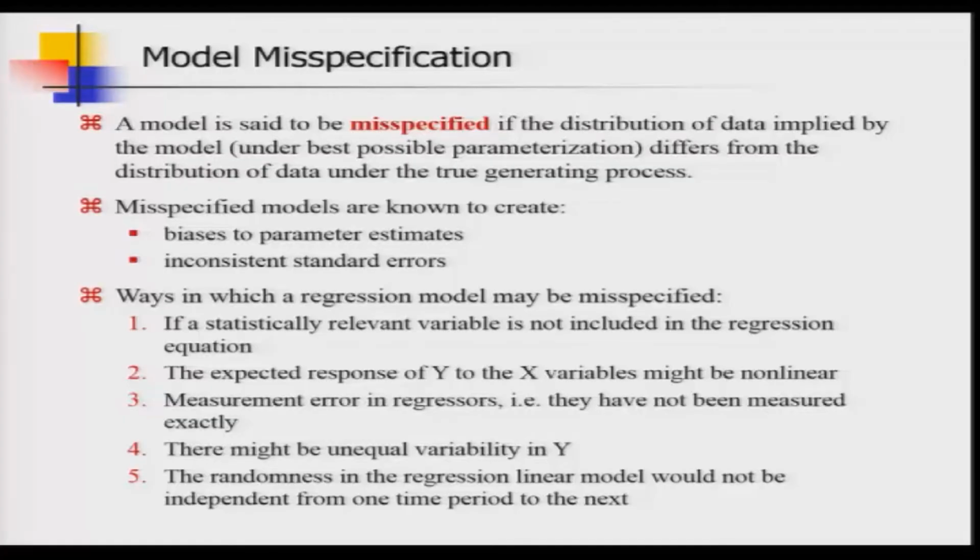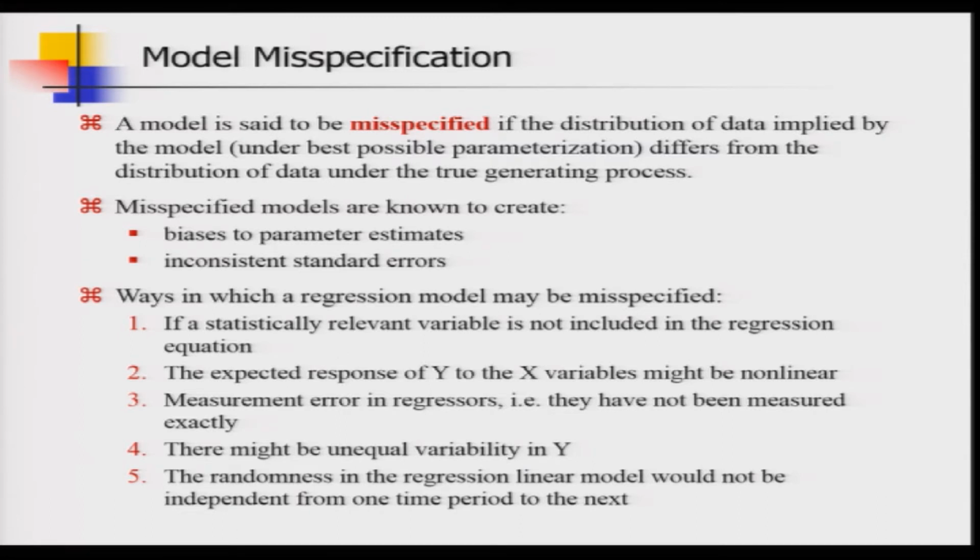But there could be non-linearity involved, and a linear simplification may be too much of a simplification, and it will have its own consequences on the model estimates and the model fit. If you forcefully fit a linear regression equation, then there is a functional form misspecification, and that is the second type of model misspecification.